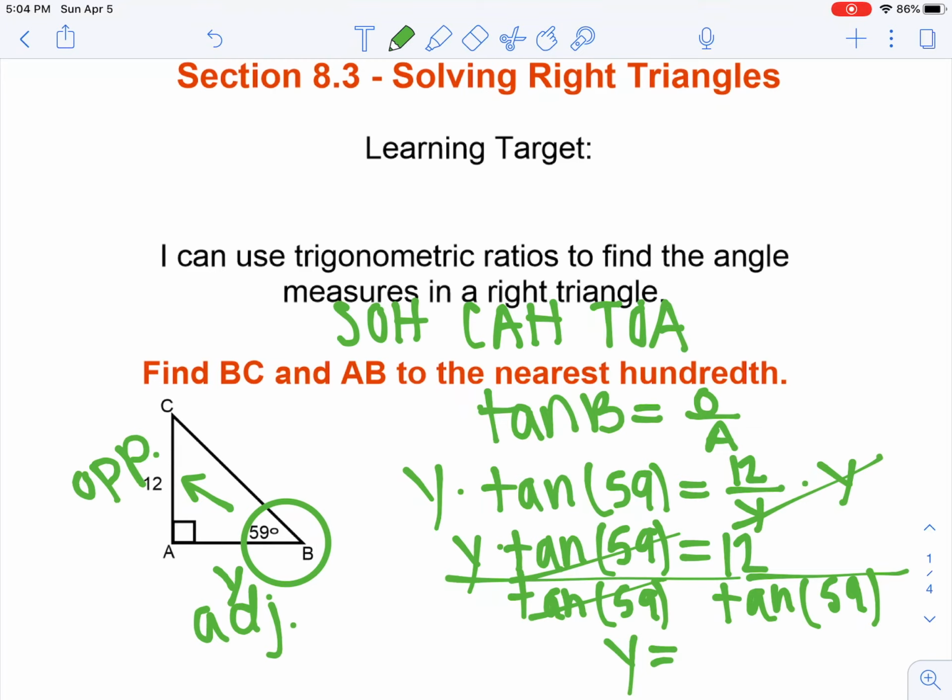Go ahead and put that in your calculator and round to the nearest hundredth. And you should get 7 and 21 hundredths.